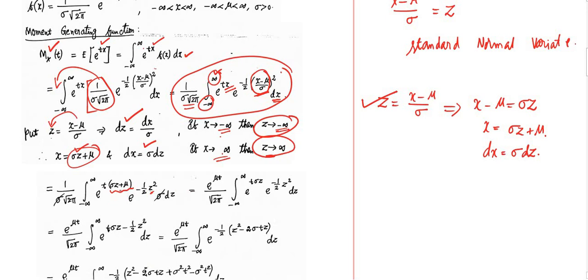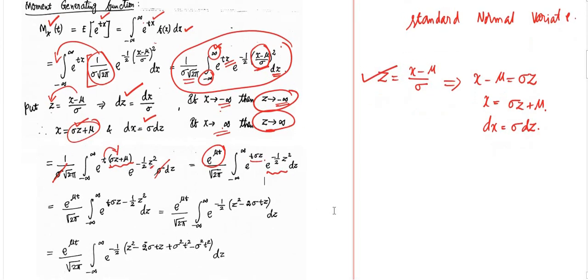Of course, here the sigma term gets cancelled with the sigma in the denominator. So e power mu t divided by root 2 pi integral minus infinity to plus infinity. You just multiply this t inside, e power t sigma z. E power t mu also comes, that I am taking outside here, which is e power mu t, into e power minus 1 by 2 into z square dz.